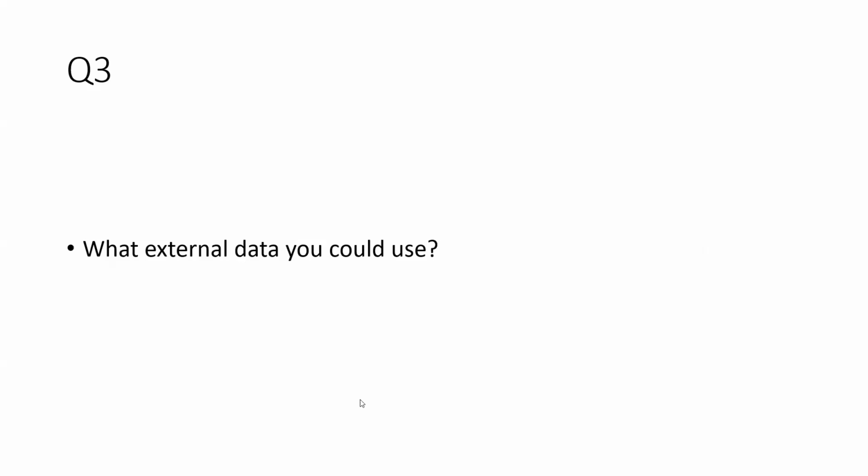We can use macroeconomic data to predict the customer's behavior, like the GDP or the PMI, and that could affect the customer's behavior. That's very correct, and I saw in the chat group that group 6 answered first. This is a very good answer.